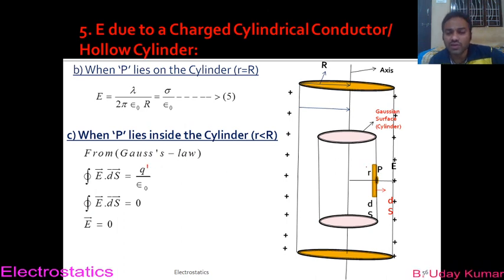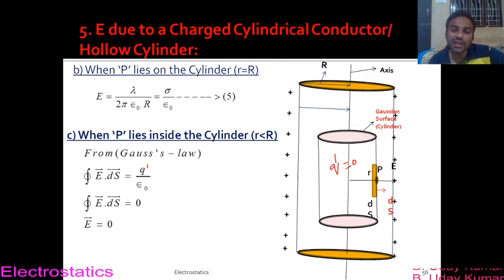The total charge present inside this cylinder can be taken as q, or q dash, or q double dash, or anything. You can take q also, there is nothing wrong, because we are going to substitute it by 0. So integral E dot ds, I can write as q dash by epsilon 0, but here q dash is 0 because no charge is present inside this cylinder.